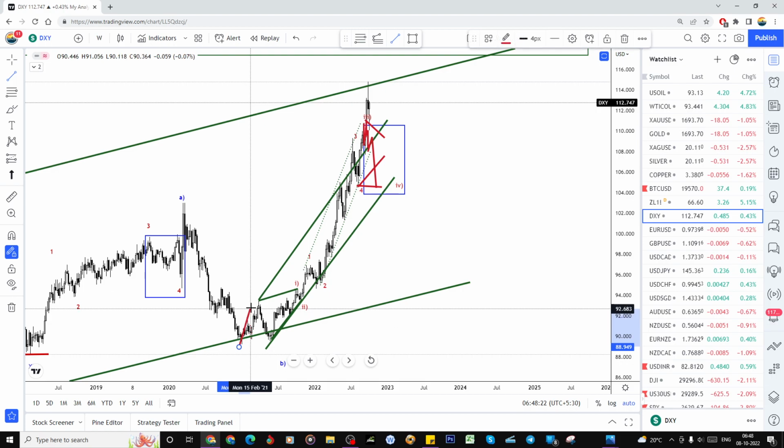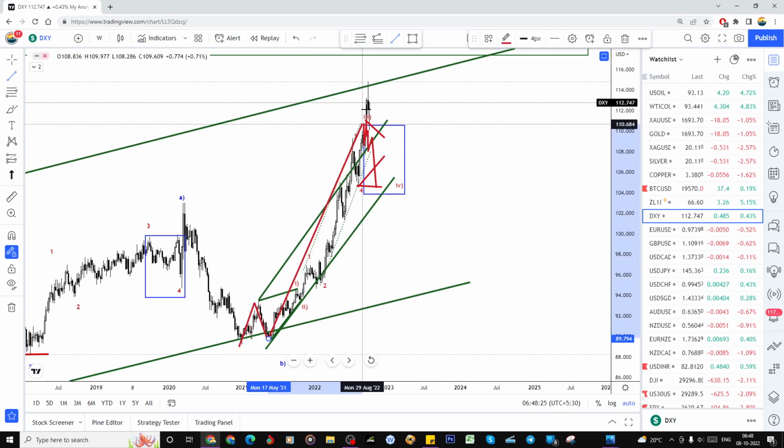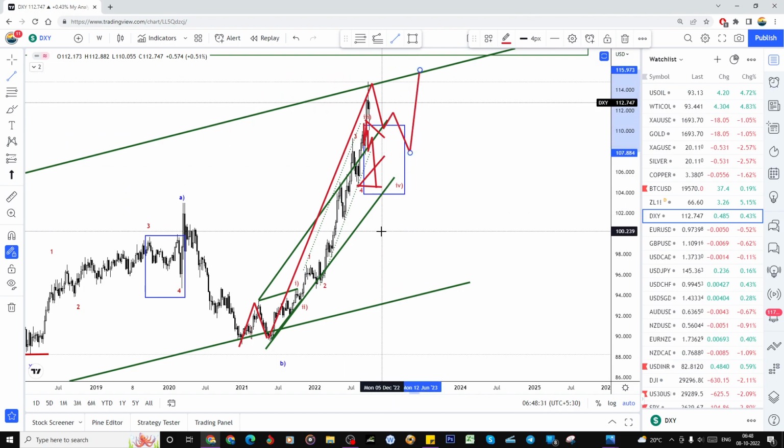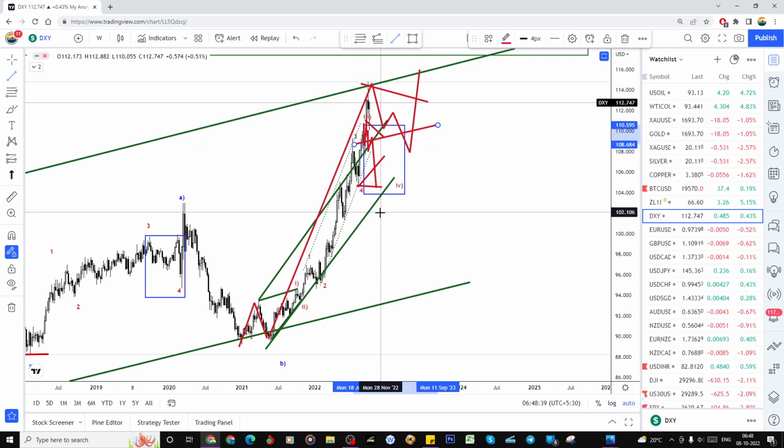For me it looks like 1, 2, and 3 is reached. So again I'm expecting the 4 and one more wave for the 5th. Once this portion is completed, I am expecting that for this whole year, maybe from October 8th, November and December could be corrections.